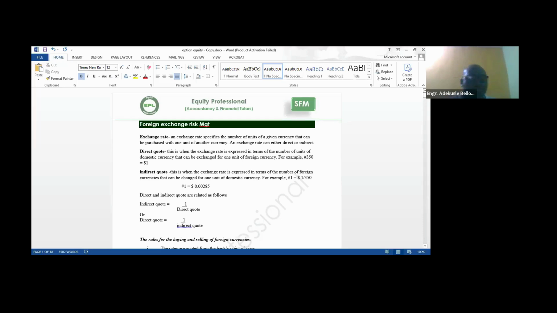Risk management is an aspect of the syllabus that you can deliberately prepare with an expectation of getting a 20 marks question. In this topic, we try to discuss how we can manage foreign currency or foreign exchange risk.